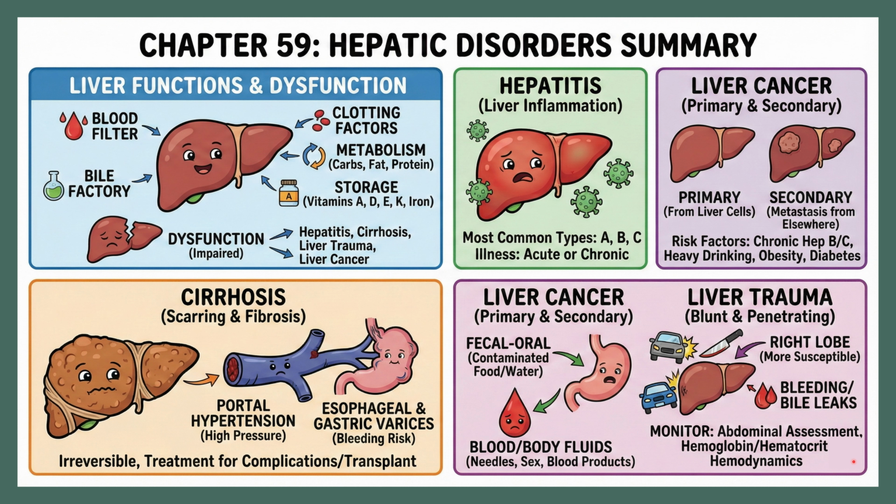So the chapter summary: the liver serves several functions, including blood storage, blood filtration, production of bile, synthesis of clotting factors, prothrombin, and factors 2, 7, 9, and 10, and metabolism of carbohydrates, fat, and protein.